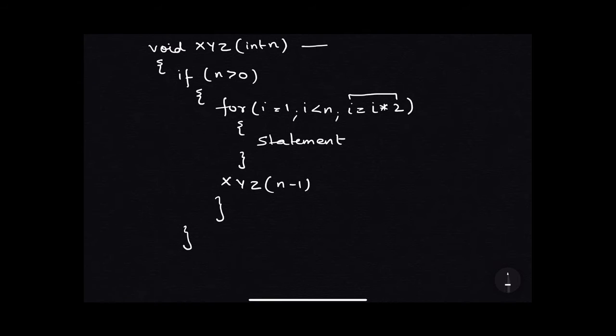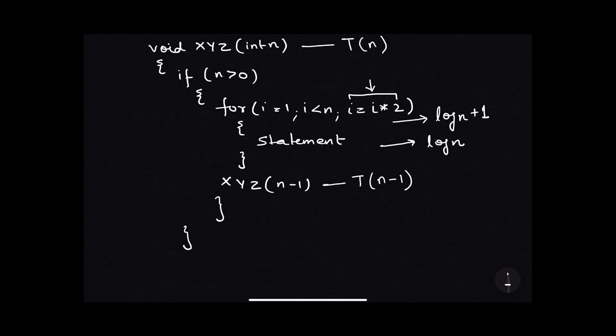So we know that if I'm having this function, let's suppose the function is T of n. Then the recursive function will take T(n-1) units. We have already seen that this for statement where there is an increment by 2 condition takes log n plus 1 units of time, and all the statements inside it take log n units of time.